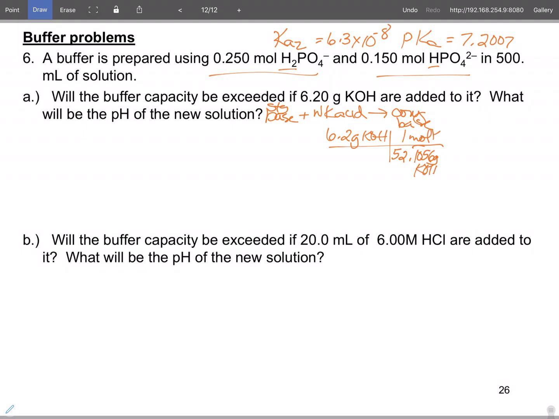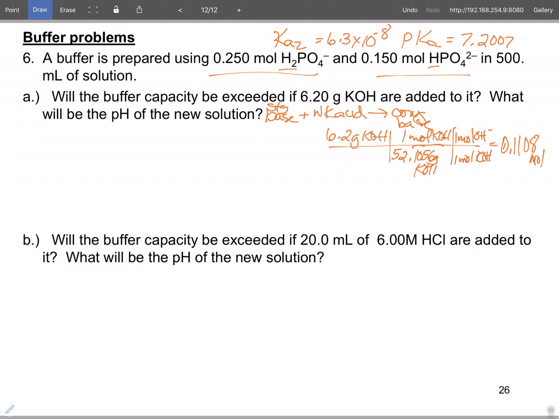And remember that you're just splitting it up, so 1 mole of KOH produces 1 mole of OH minus, which means we end up with a whopping, let's see the value, 0.1108 moles.